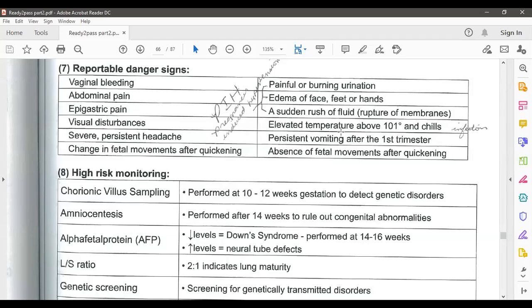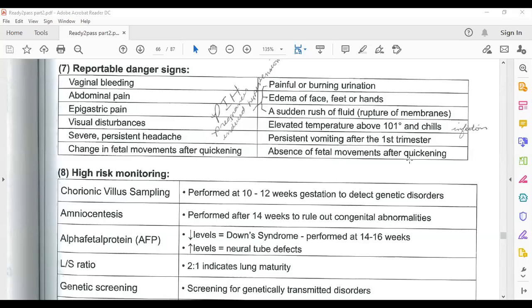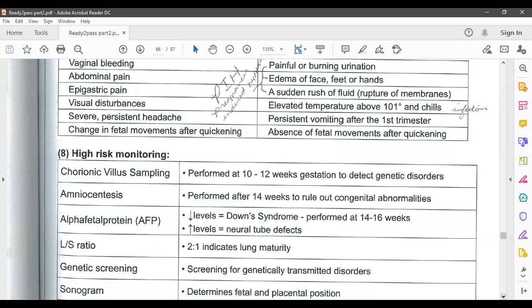Elevated temperature above 101 indicates infection. We have to inform the healthcare provider. Persistent vomiting or absence of fetal movement after quickening. Very important for the NCLEX board.